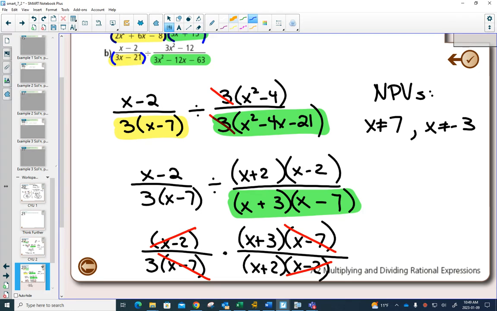I find that students who flip this second fraction right away sometimes miss that those were non-permissible values, because they don't show up on the bottom anymore. And if you highlighted it at the top in green, it's not easy to see the non-permissible values because it's not in factored form.